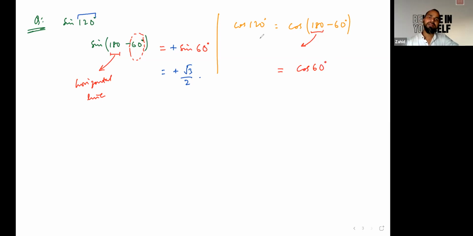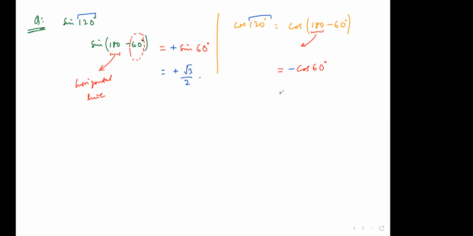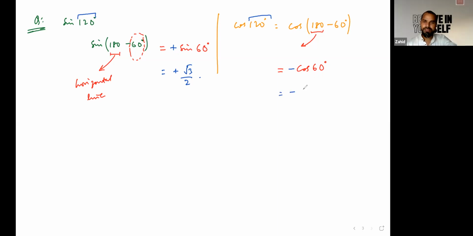The next part is to define in which quadrant this particular value would lie. So 120 degree would lie in second quadrant, and in second quadrant, only sine theta and their reciprocal would be positive. The rest of all trigonometric ratios would be negative. Here it is cos theta, so it would be in negative sign. Is it clear? Yes, sir. So it would be minus, and cos 60 degree is 1 by 2. So cos of 120 degree would be minus half.